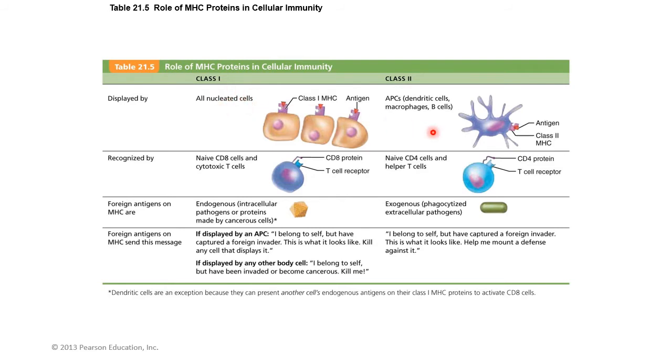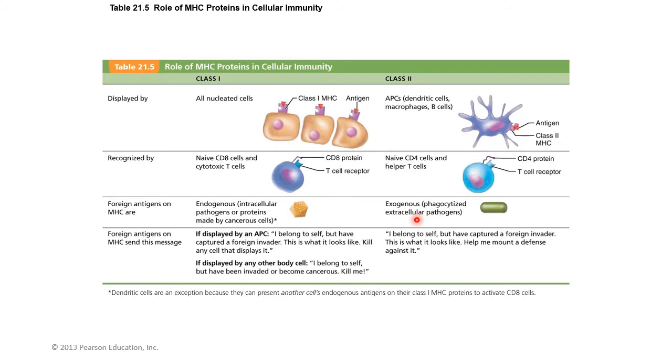If it's class 2, remember, this is how your immune cells are able to crosstalk with each other. So antigen-presenting cells, your dendritic cells, your phagocytes, your B lymphocytes, they ingest something and they display it on their class 2 marker. Then your T helper cells, remember the T helper is the general, they bind to these antigen-presenting cells and co-stimulate them and make the immune system respond in force.